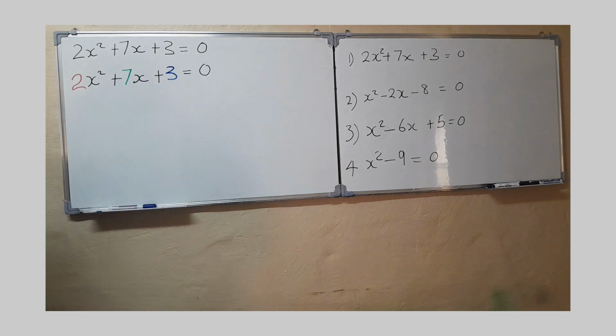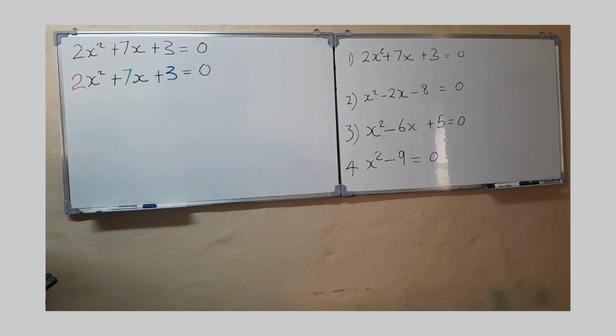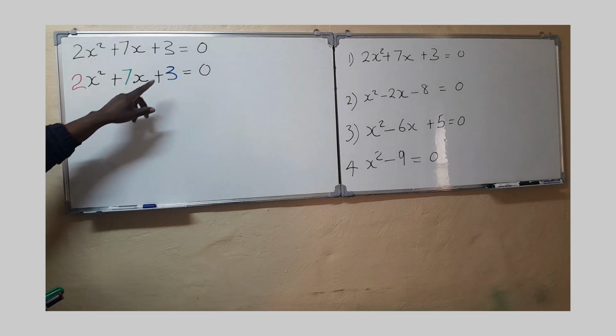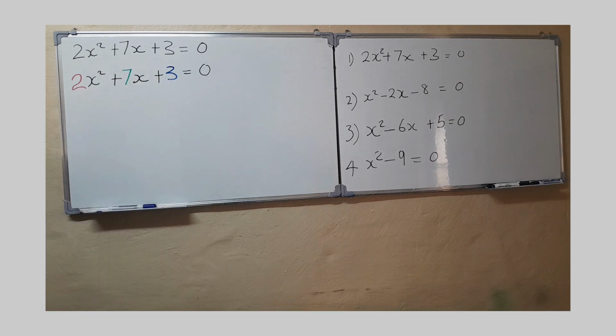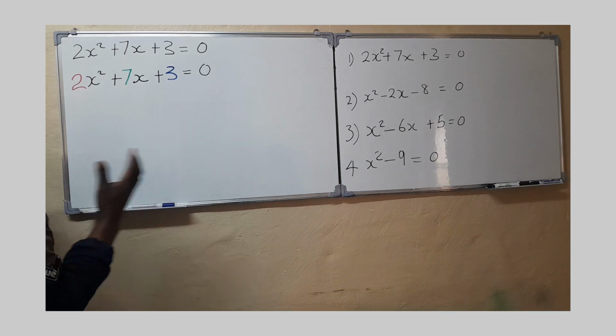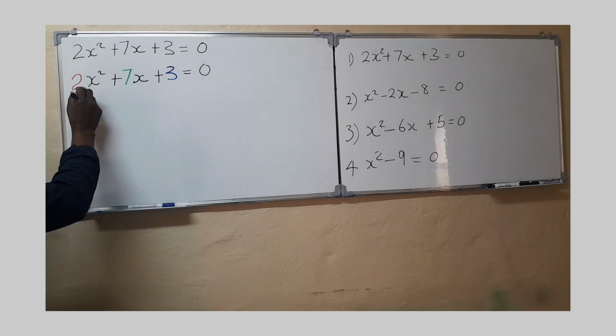I haven't changed anything. All I have done is to write this one in red, this one in green, and this one in blue. What are these numbers? The 2 here is multiplying our x squared. The 7 here is multiplying our x, and the 3 is a constant, right? So normally these numbers, these coefficients as they are called, so let me write it here.